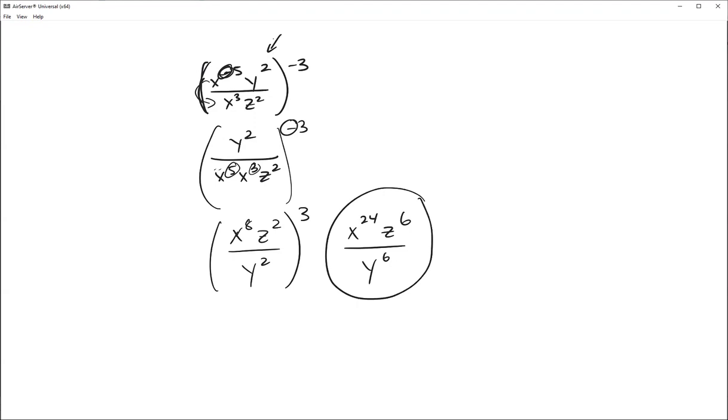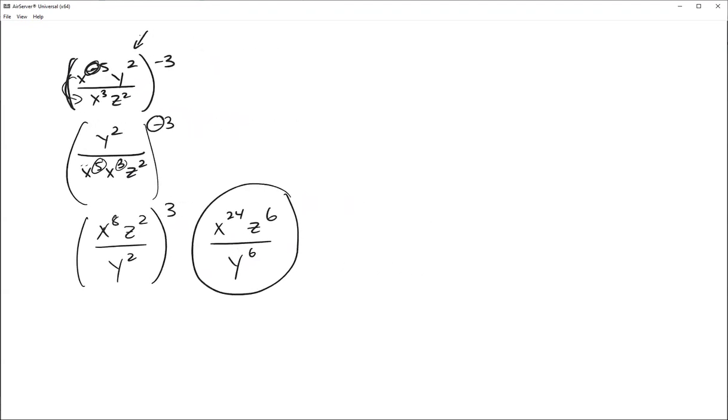Number two, or letter B, sorry, 1 over 64 to the negative 2 over 3 power. So the inside is already complete, we don't need to do anything with that, but this negative is right here. So we're going to flip it over, 64 over 1, which is just 64 to the 2/3 power.